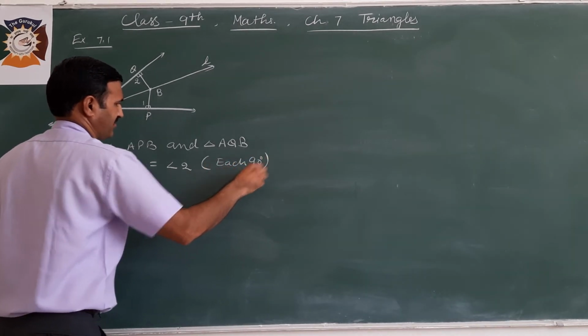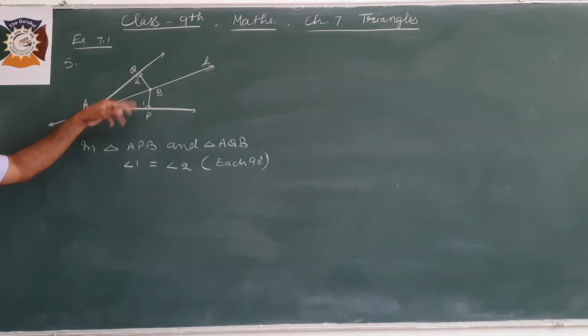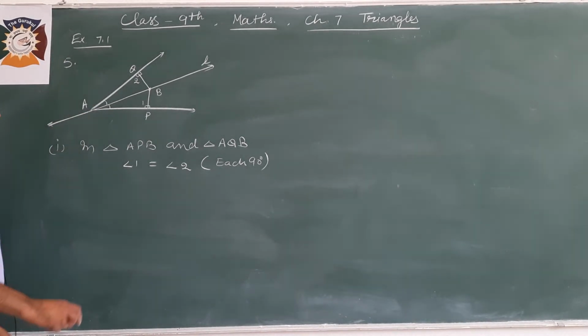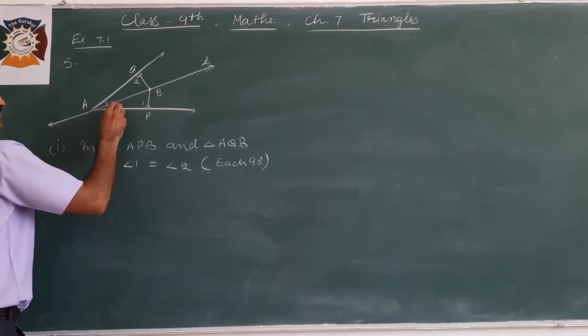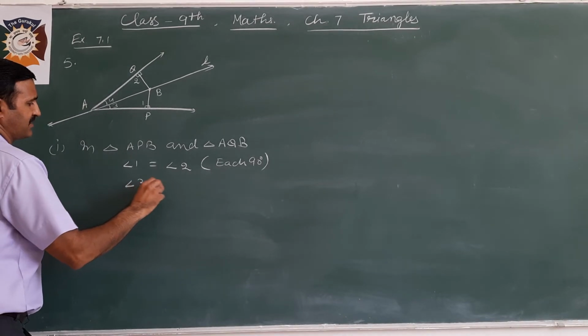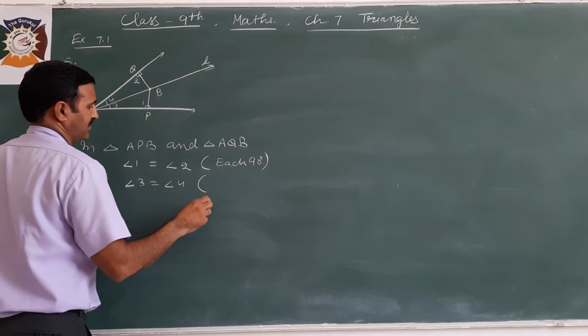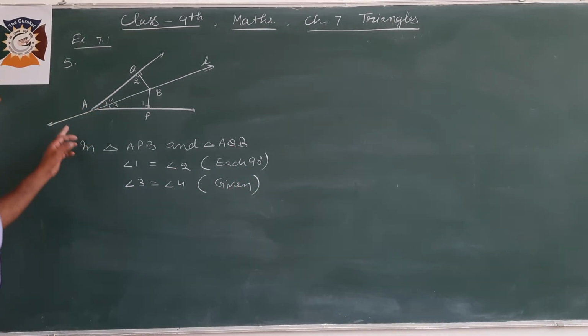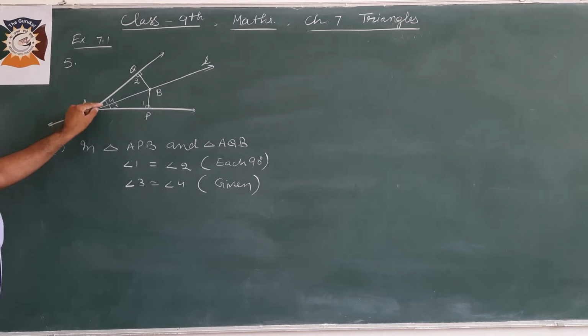It's given because BP and BQ are perpendiculars. This is 3, this is 4, angle 3 is equal to angle 4. It's given because line L is the bisector of angle A. So these two parts of angle A are equal.